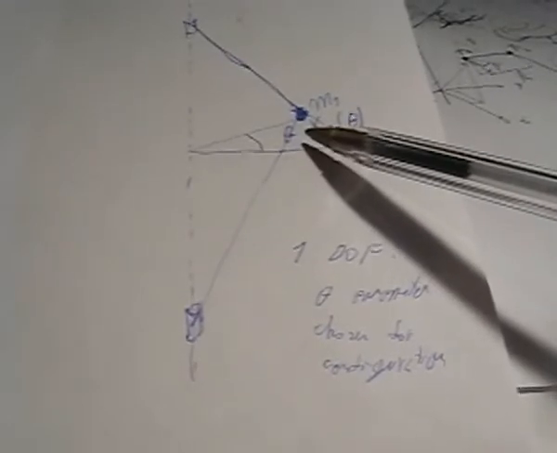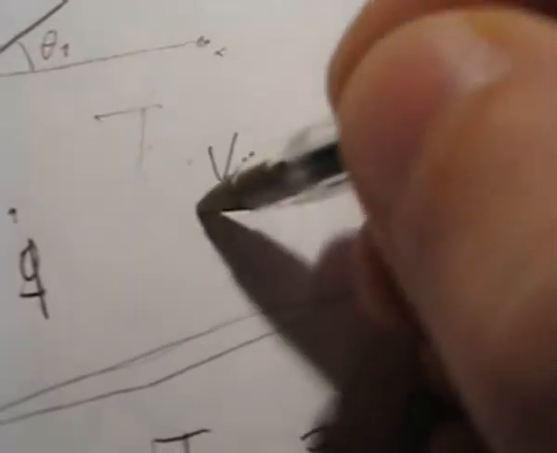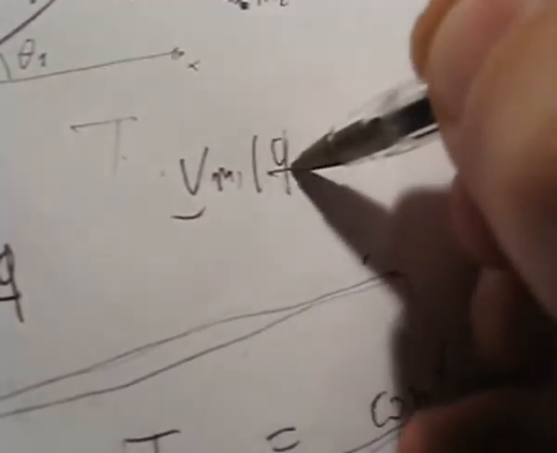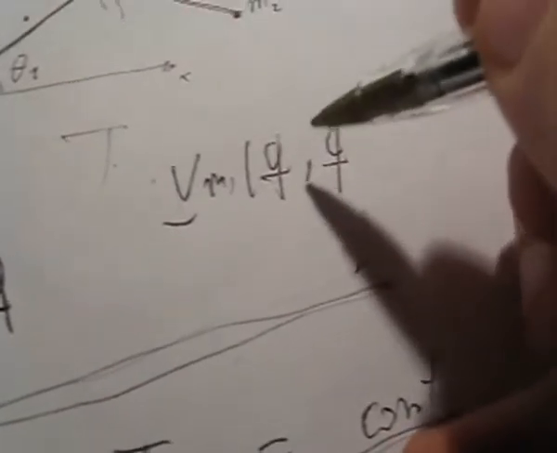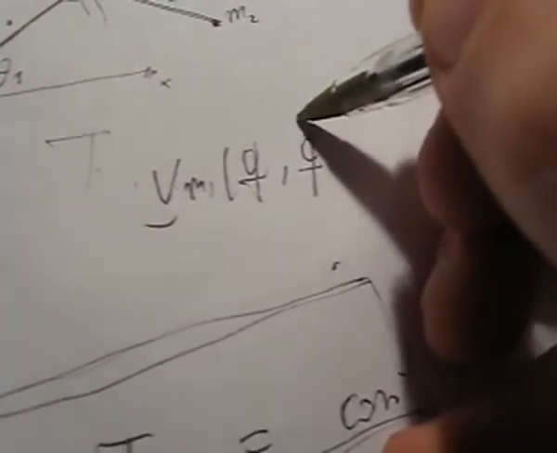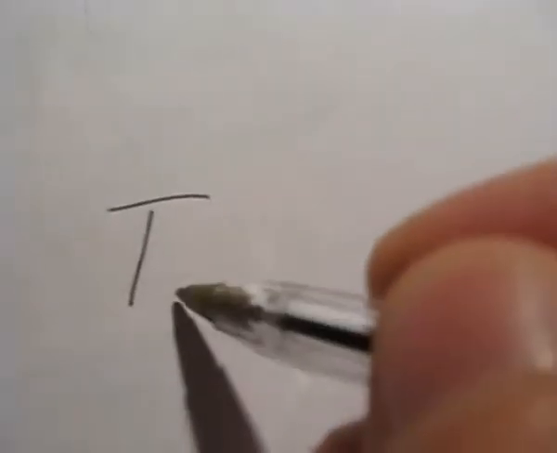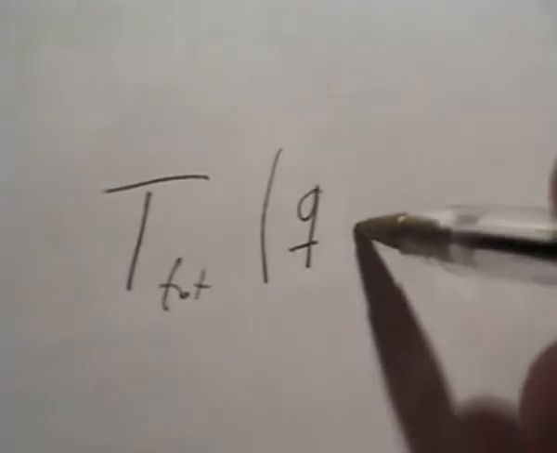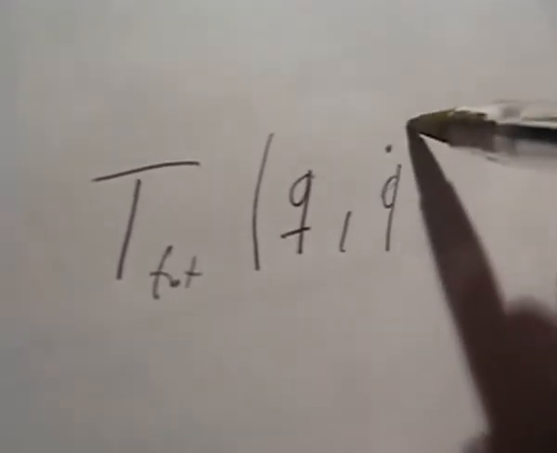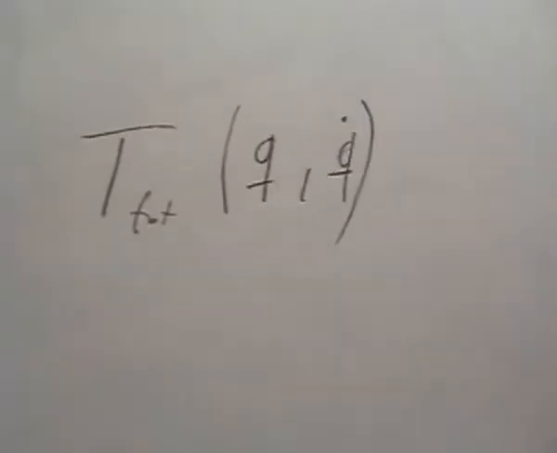Of course, it's easy to understand that the velocity of m1, as a vector, will depend on the state of these generalized coordinates, their instantaneous configuration, and their rates of change. Since the definition of kinetic energy is this one here, the whole kinetic energy will depend on the total configuration of the system and the rate of change of this configuration vector, which of course is quite intuitive.